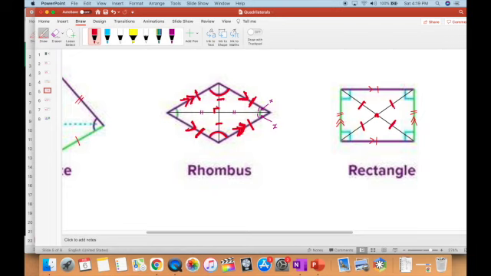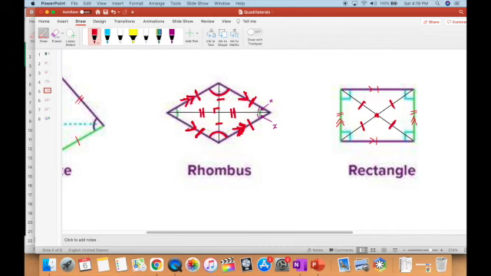So this side is equal to this side, and then this side is equal to this side. But you notice I use different equal signs, so not all 4 of them are equal. This line is cut in half into 2 equal halves, and this line is cut in half into 2 equal halves. They're all at 90 degrees, so you have the square in the middle.